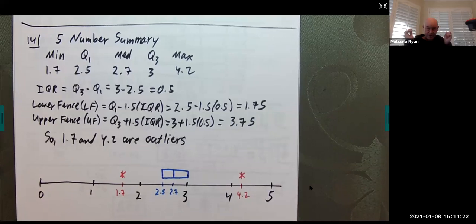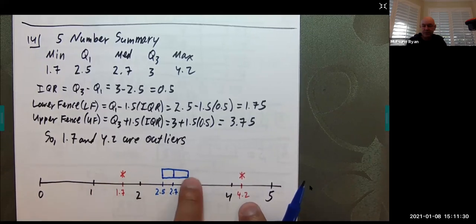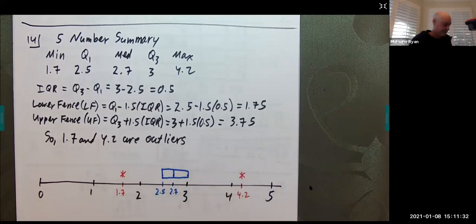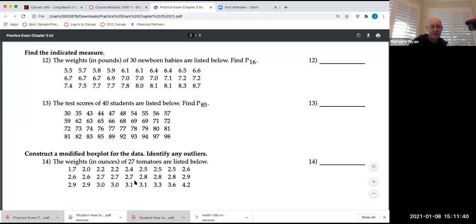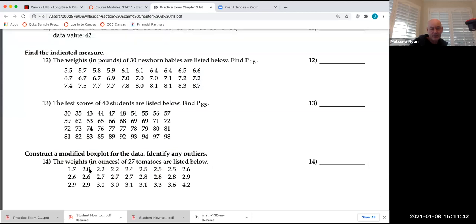Now we need the whiskers. I can't go all the way out to 1.7. Now, if this was a non-modified one, then I would go out to the outliers, but it's not. So what I'm going to do is go back to the data. What is the smallest data value that I have left? What is the largest data that I have left? That's not an outlier. 1.7 was out, so that means my lower is going to be 2.0, and that one's out, so that means my upper is going to be 3.6.